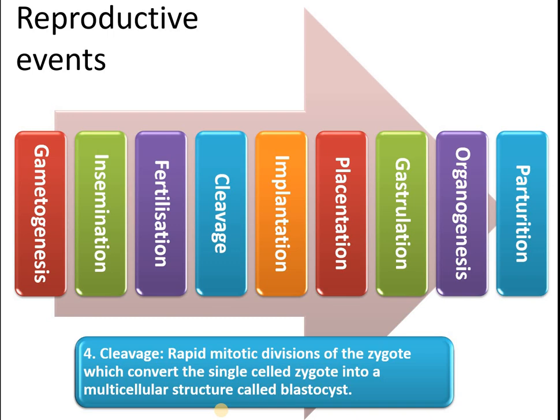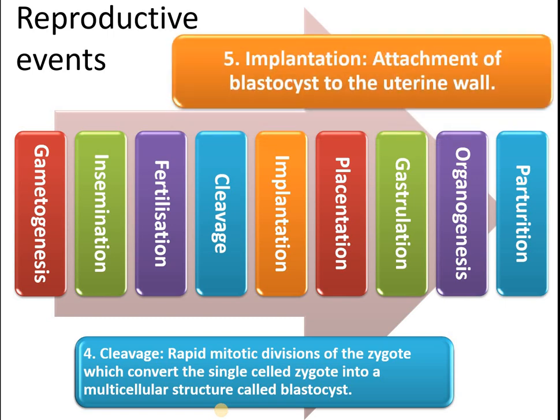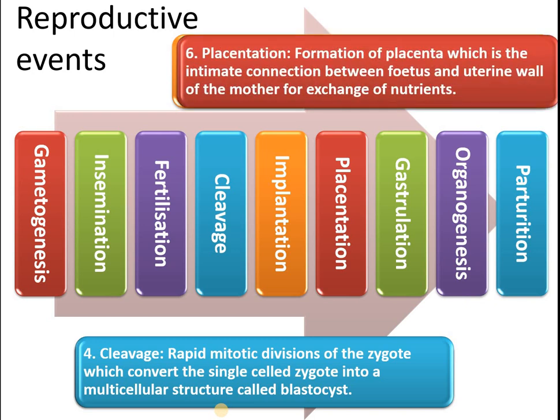After zygote formation, mitotic cell division takes place, so that the single celled zygote is converted into multicellular structure called blastocyst. Implantation. Attachment of blastocyst to the uterine wall is called the implantation.